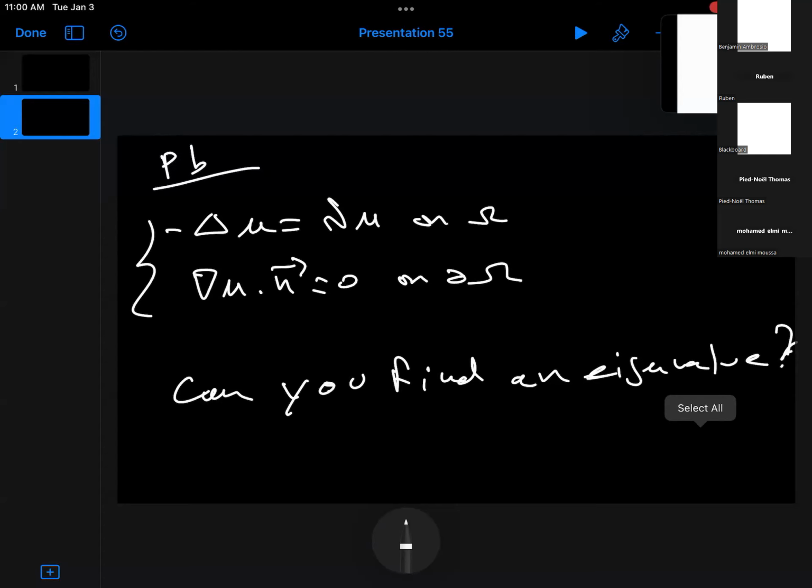So the question is, can you guess some eigenvalue for our problem?